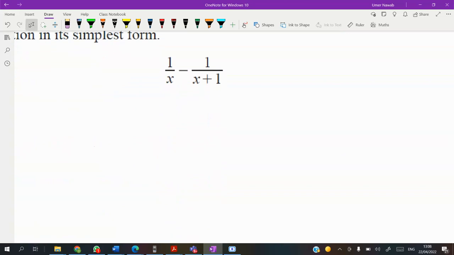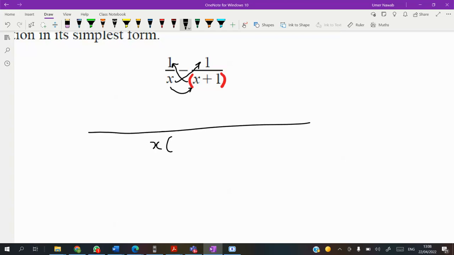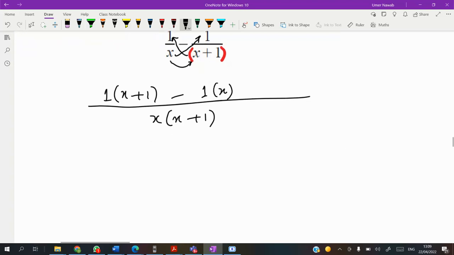Next, we repeat the same procedure. Put the brackets here and here. Apply the same technique. It multiplied here, it multiplied here, and it multiplied here. A big line, x, x plus 1, 1 multiplied with x plus 1, minus 1 multiplied with x.